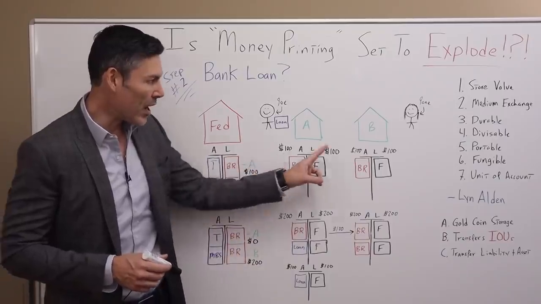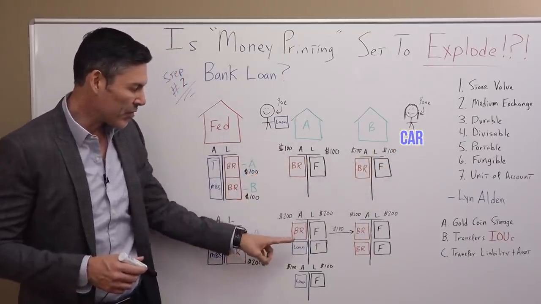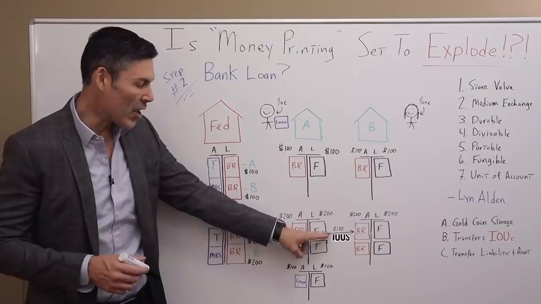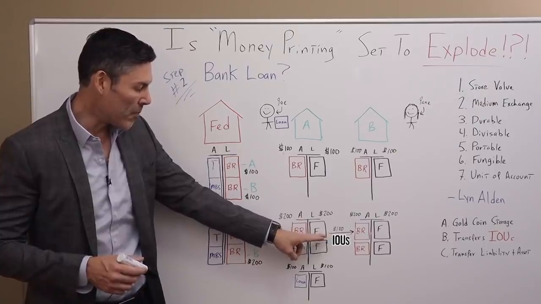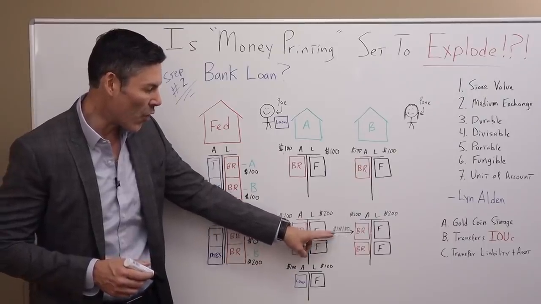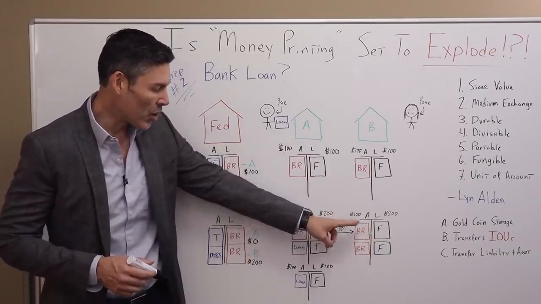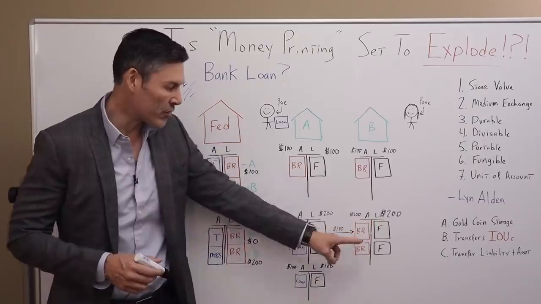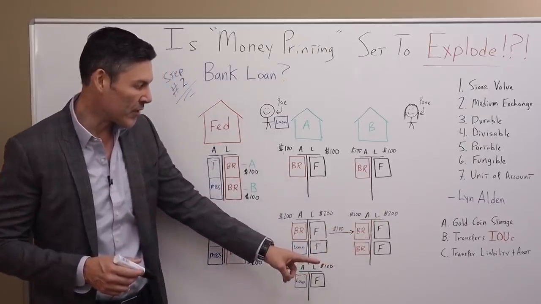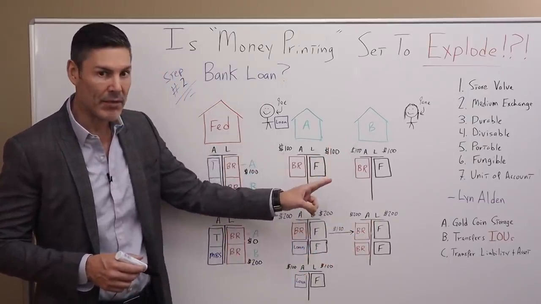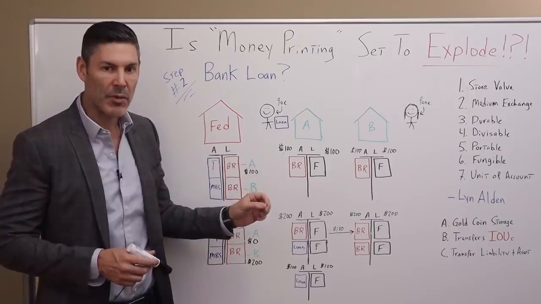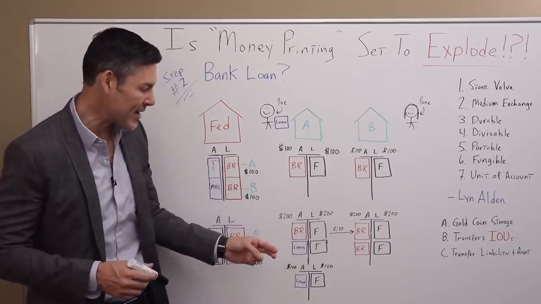But Joe is buying the car from Jane. So 100 IOUs go from Joe's account over to Jane's. So now her account has 200 IOUs in it from Bank B. And remember what we had to do in step number 1, we had to transfer over the assets.